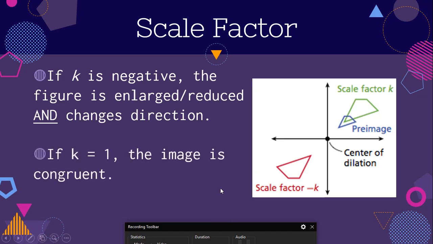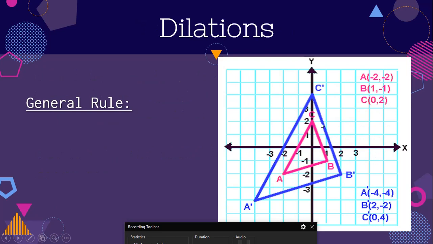It's also possible for your scale factor to be equal to 1. That means the pre-image and the image will be identical. So this is more of a congruence than a similarity. So if you want to dilate and we're using a center of dilation at the origin, the general rule says, take your generic point P located somewhere in the coordinate plane.